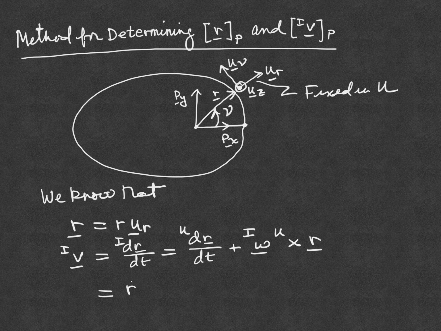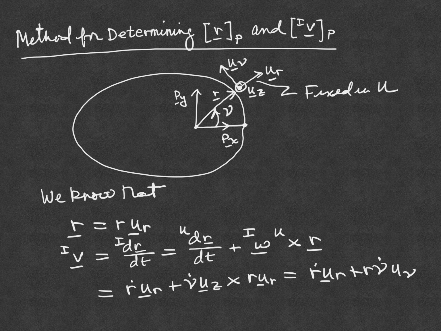So this gives R dot u_R plus nu dot u_Z crossed with R u_R, which is equal to R dot u_R plus R nu dot u_nu. So now we have a starting point for being able to figure out how to proceed further.